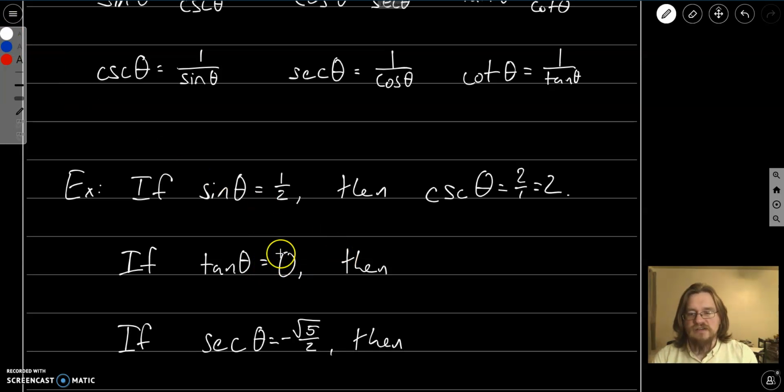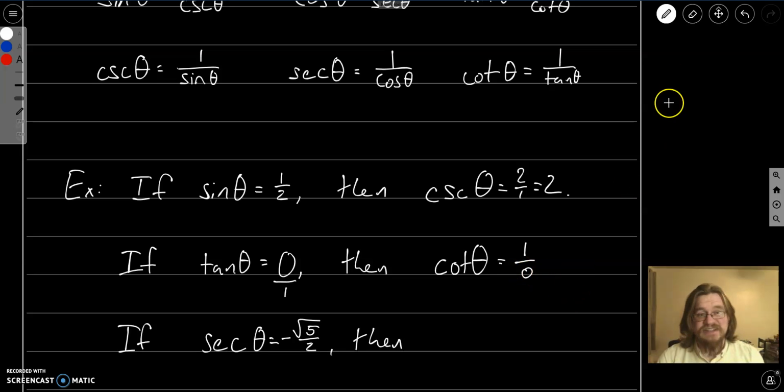If the tangent of an angle is 0, I know that the cotangent of that angle is going to be 1 over tangent. But if I take the reciprocal of, let's say, 0 divided by 1, I get 1 divided by 0, and this doesn't exist. So in fact, 0 does not have a reciprocal, so the cotangent of an angle might not exist.